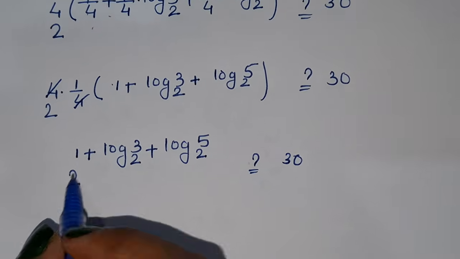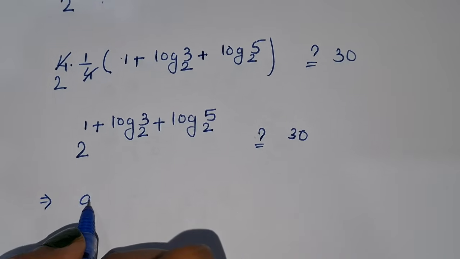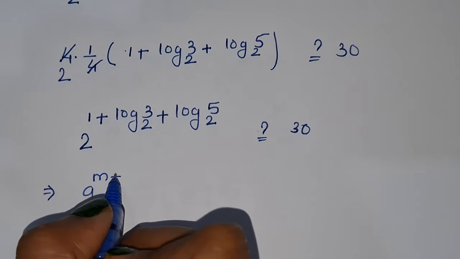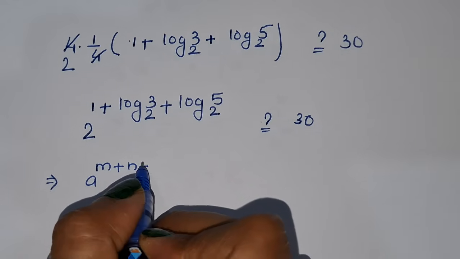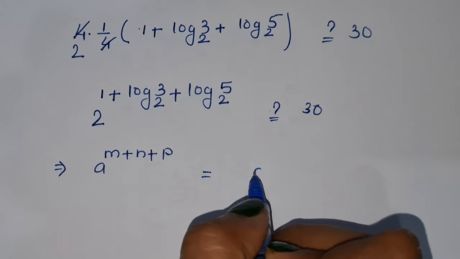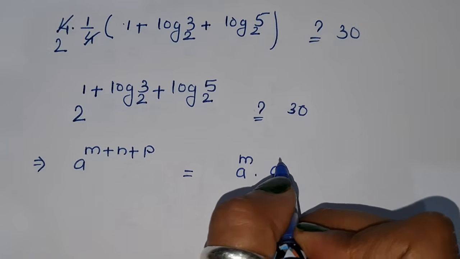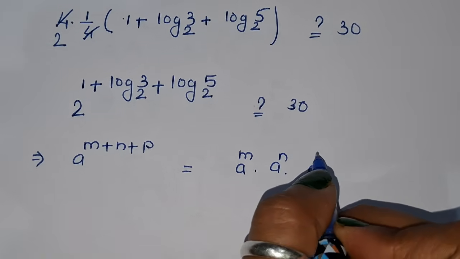Now here again we have to apply one formula: if a power m plus n plus p is given, the value will be a power m times a power n times a power p.